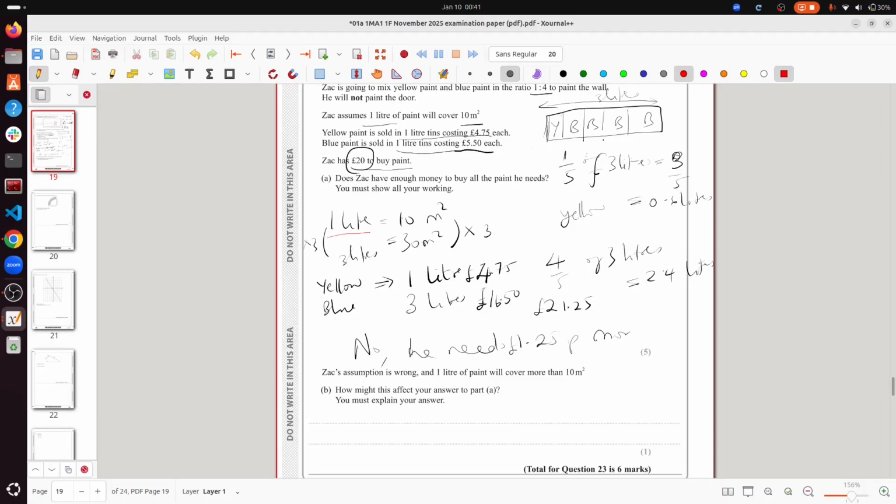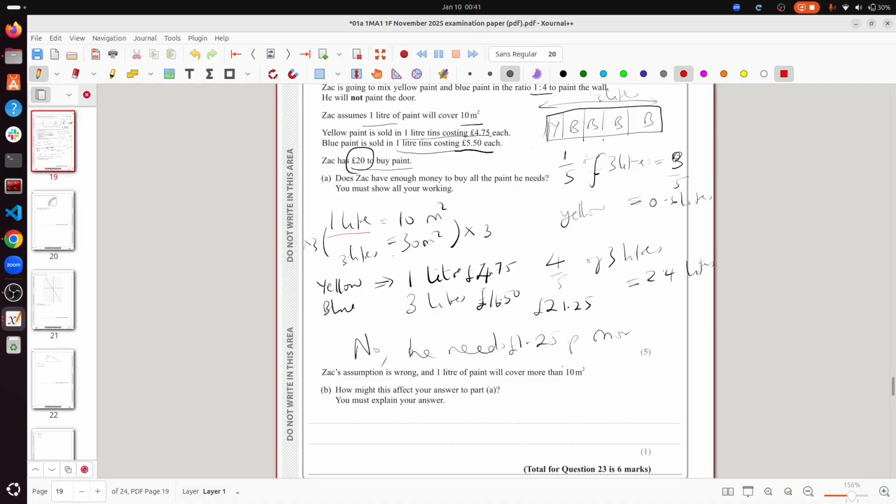So if he's covering more, that means he will need less liters, because 1 liter will cover more. And that means Zach's assumption is wrong, and 1 liter will cover more than that.